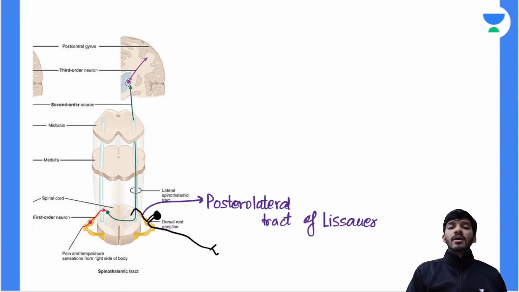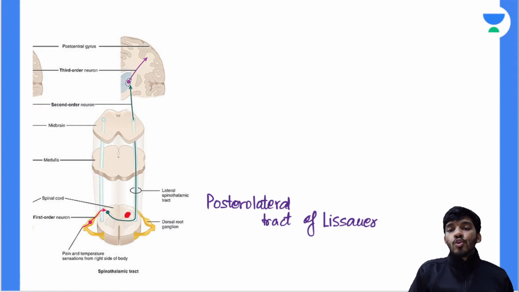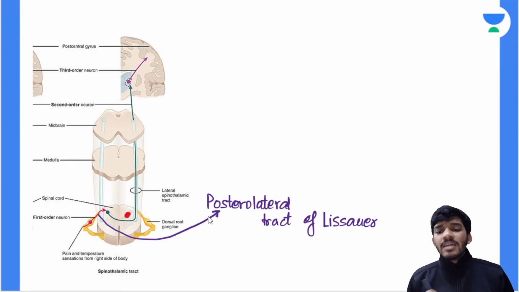Right? From here in the posterior horn, you have the second order neuron that starts. Now the beauty of the second order neuron is that from the anterior white commissure, it crosses over to the other side. So when I make this labeling here regarding the posterolateral tract of Lissauer, it means that the crossing over has not taken place.